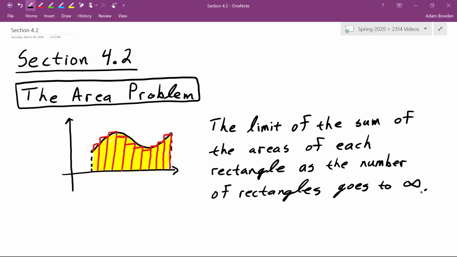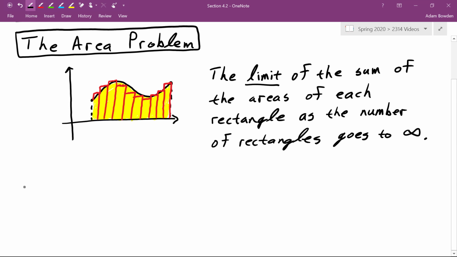So the more rectangles we have here to work with, the closer we can get to the actual precise area contained within the curve. And if we take the limit and use the concept of the limit in order to consider what happens when the number of rectangles just gets infinitely large, we're going to get the actual area contained within the curve. And so this gives rise to something called the integral.